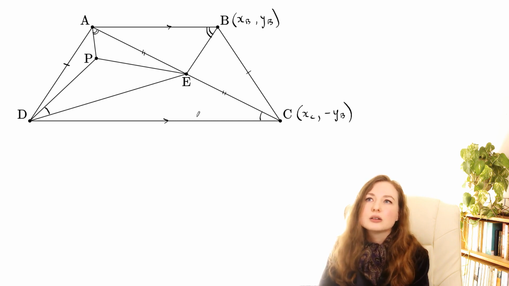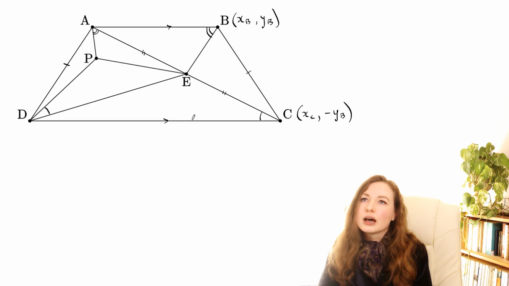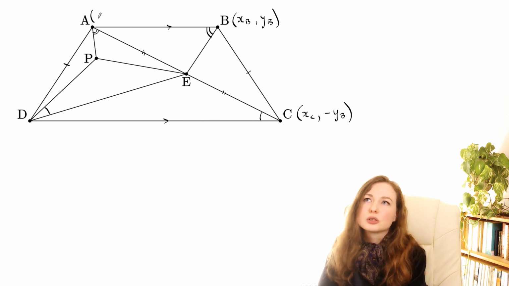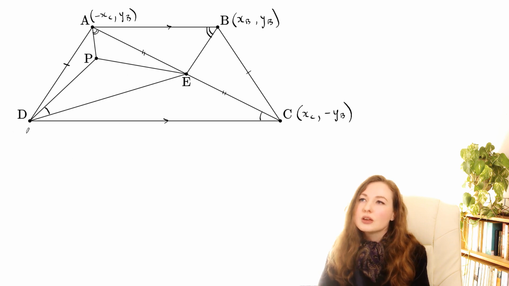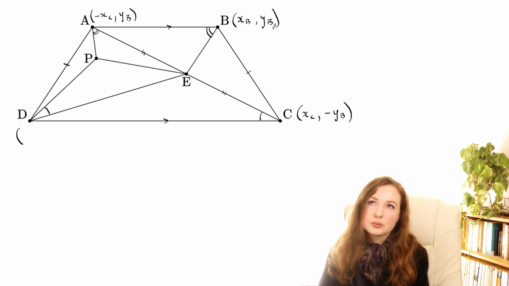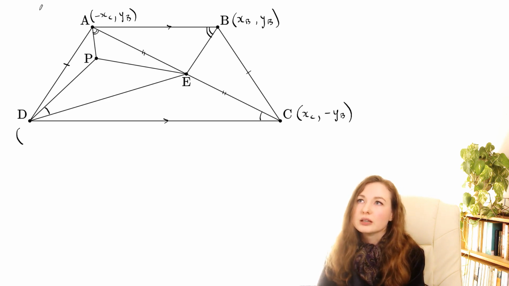Now for A, we've got that distance is the same as that one, again because of the midpoint. So this will be at negative xc, but same y coordinate as B, so yb. And then for D, because it's an isosceles trapezium, or trapezoid, that distance from B out to C is going to be the same as from A to D. So that is going to be xc minus xb.